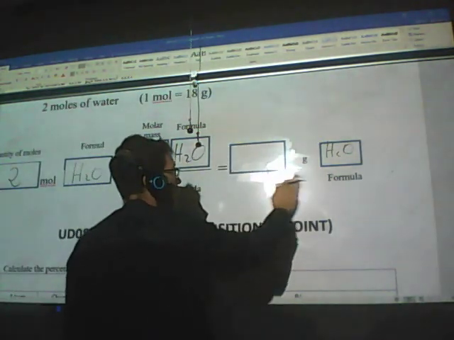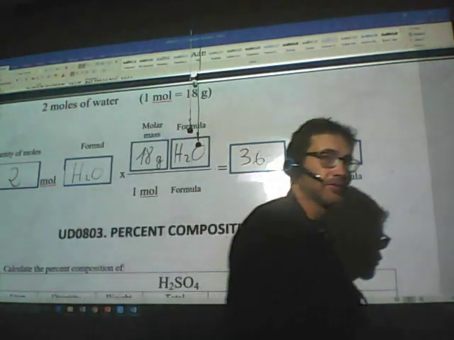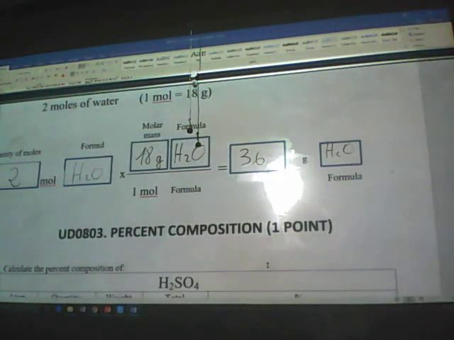So you get 36 grams of water. Again, from grams to moles, you have to divide. From moles to grams, you have to multiply. It's inverse, okay? It's that easy.